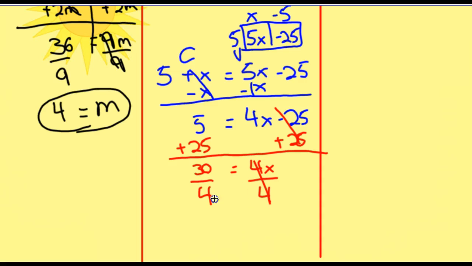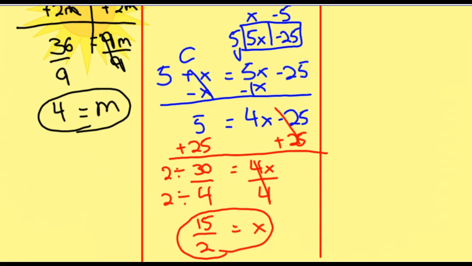I can't divide 30 by 4, but what I can do is simplify it. So I can take 2 out of both of these. If I divide 30 by 2, I get 15. And if I divide 4 by 2, I get 2. So 15 over 2 is about the smallest that we're going to get. So I'm just going to leave it like that, 15 over 2.